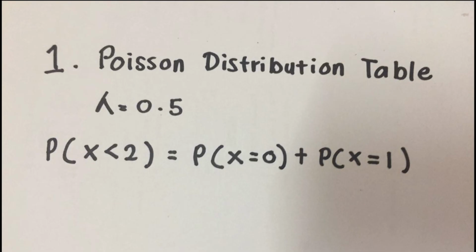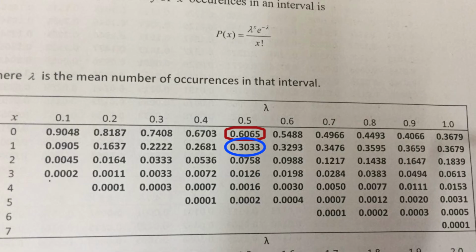Okay, so this is the example for the Poisson distribution table where lambda is equal to 0.5 and x equal to 0 and x equal to 1. So we need to look it up in the Poisson distribution table. The value for x equal to 0 when lambda is 0.5 is 0.6065 and x equal to 1 when lambda is 0.5 is 0.3033.